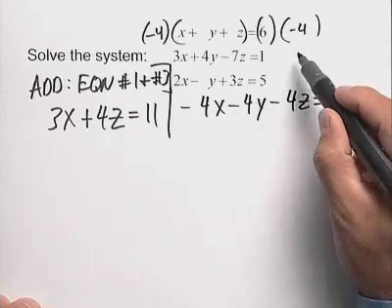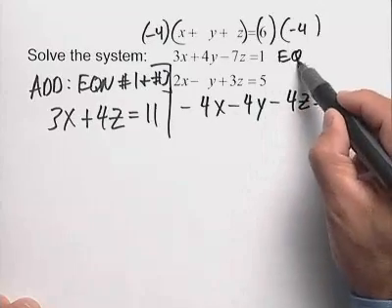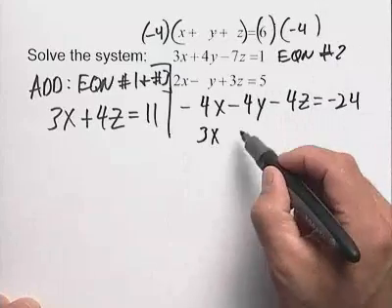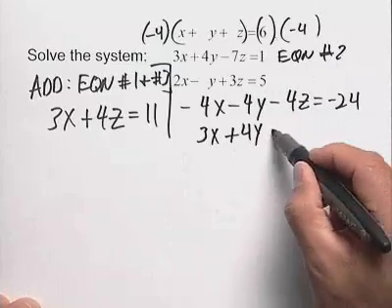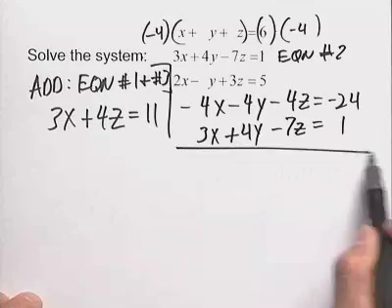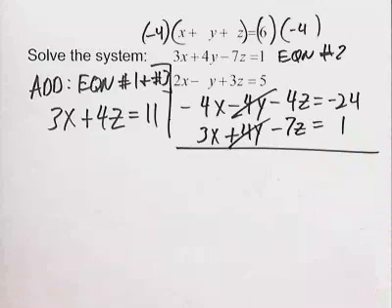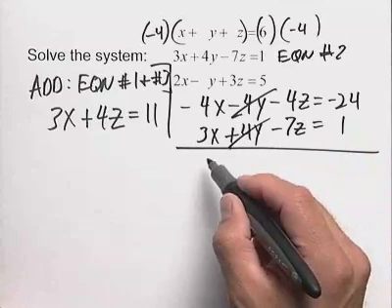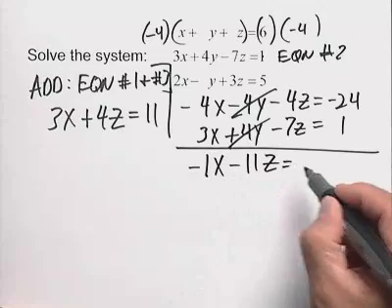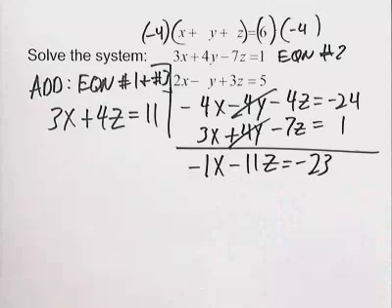And remember, we're going to add that here to equation number 2. So we get 3x plus 4y minus 7z equaling 1. And again, by design, when we add down those columns, those y terms disappear, and we obtain a negative 1x minus 11z is equal to a negative 23.